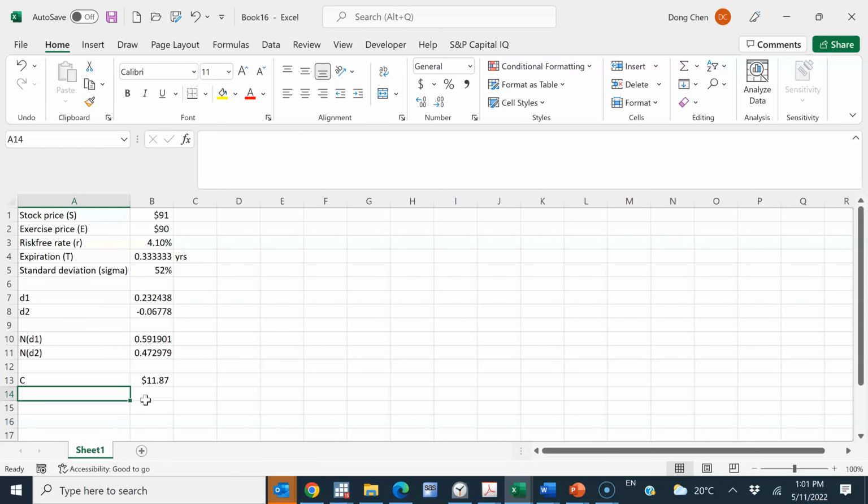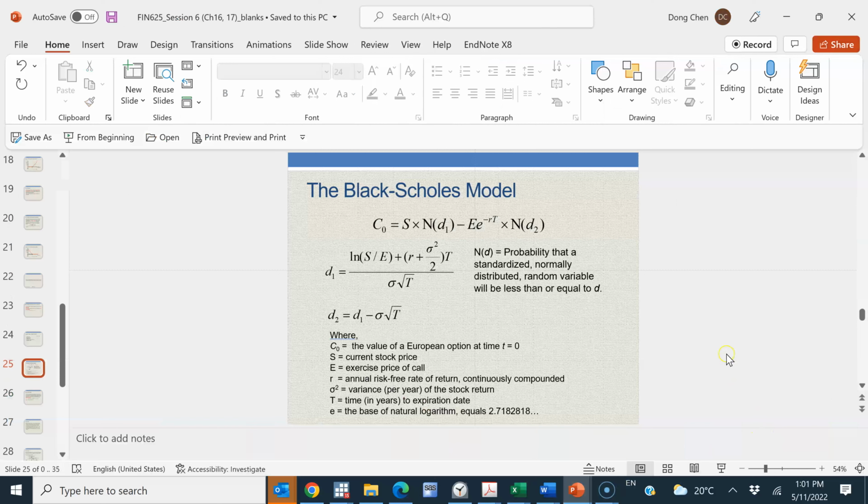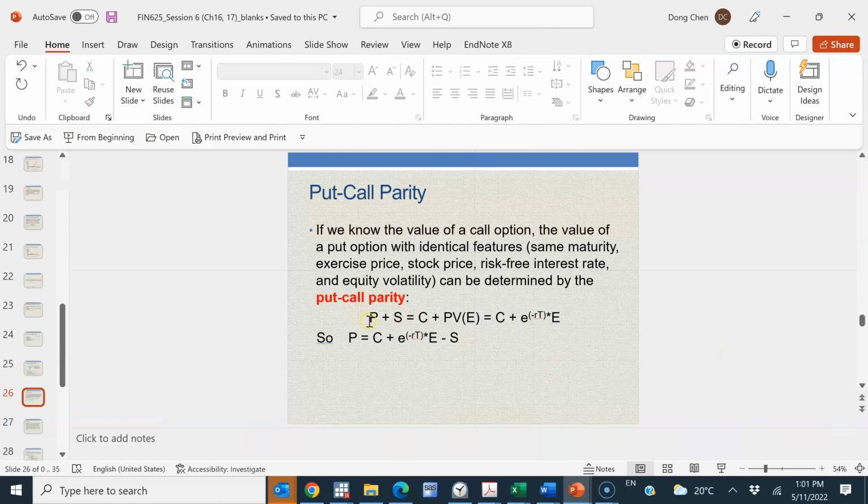And for the put option, I can just use the Put-Call Parity to figure out the put option value. So this is the Put-Call Parity. The put option price plus the stock price equals the call option price plus the e, little e, raised to the power of negative r multiplied by capital T, and then close that and multiply by the exercise price.